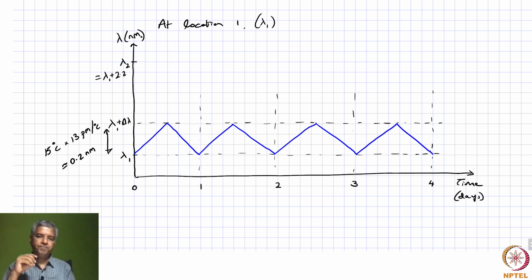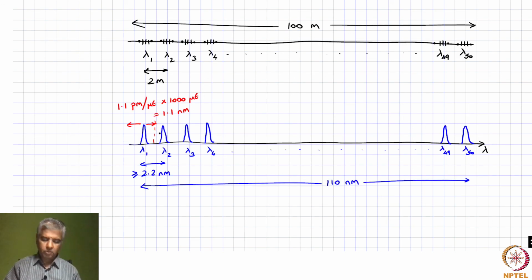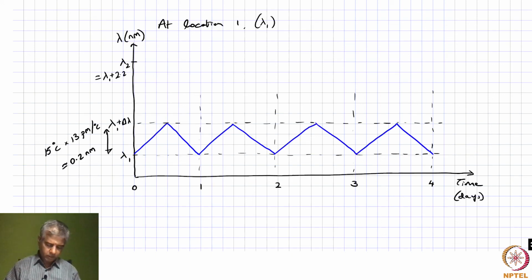Okay, so the temperature change by itself is not actually causing a huge problem, but nevertheless it can cause a problem at this other wavelength, because now this 0.2 nanometers is not something that we have accounted for here. So do we have to worry about it? Well, let's actually look at the real time changes in the Bragg wavelength as a function of time.